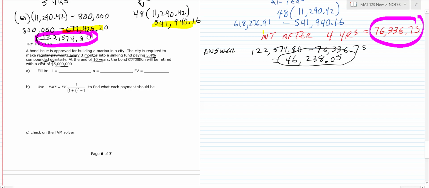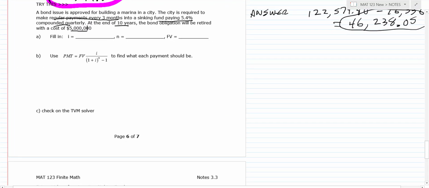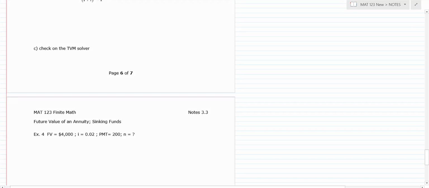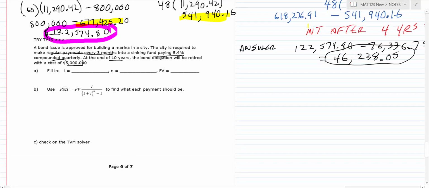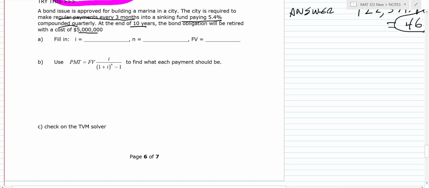So what we're going to do on this is find the value of those payments. Now there's 2 ways you can do this. I'm going to first do the formula, and this is the formula for a sinking fund. A sinking fund is just an annuity where you're finding the payment.